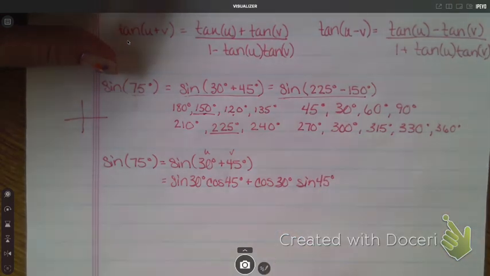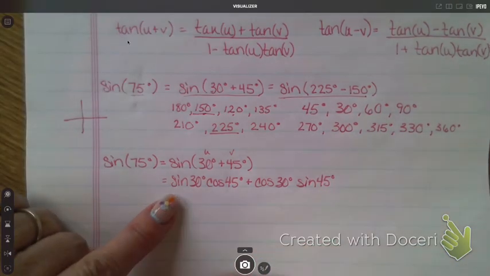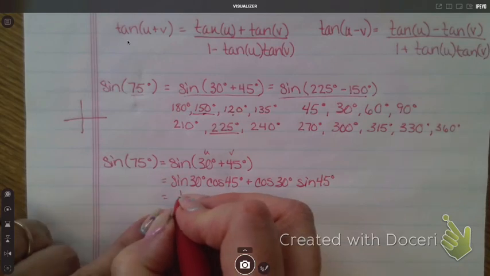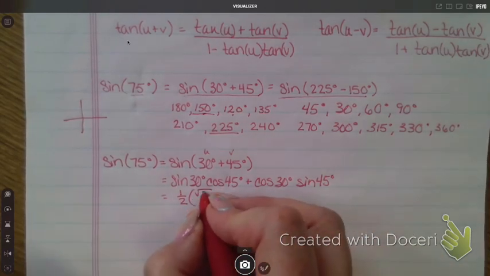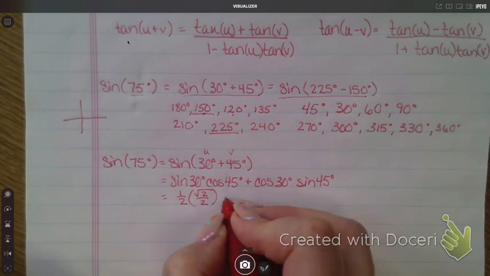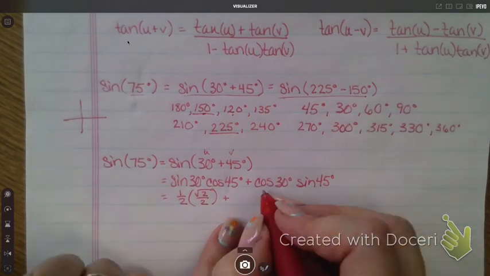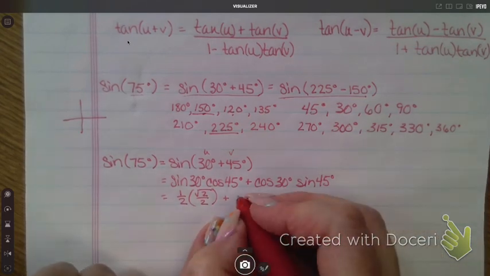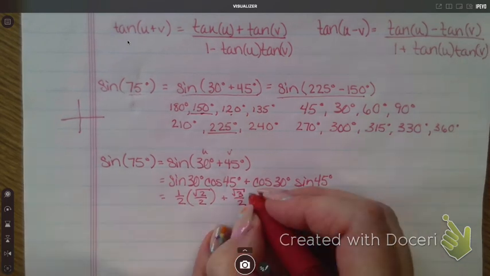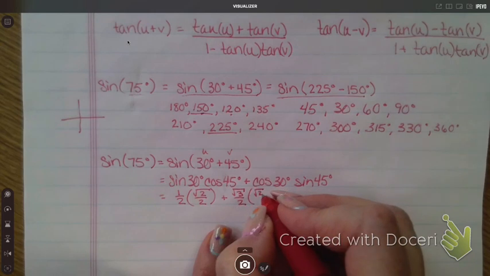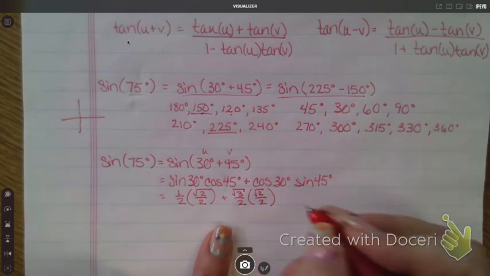And then we will solve. What is the sine of 30? 1/2. Cosine of 45, square root of 2 over 2. Cosine of 30, square root of 3 over 2, and sine of 45, square root of 2 over 2.